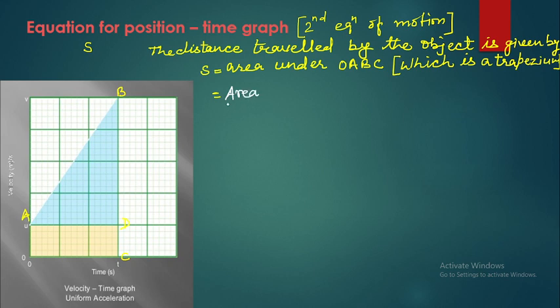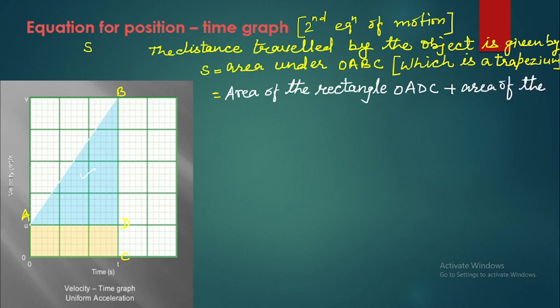We can divide the area of the trapezium in two parts. First is the rectangle OADC, and then the blue shaded area of the triangle ABD.